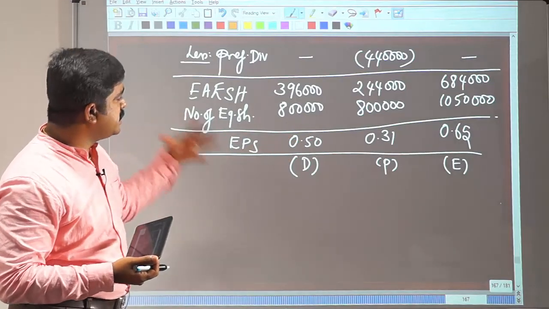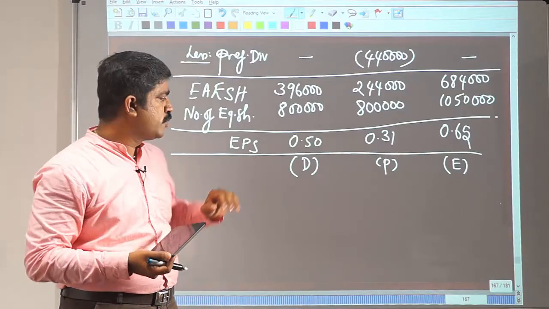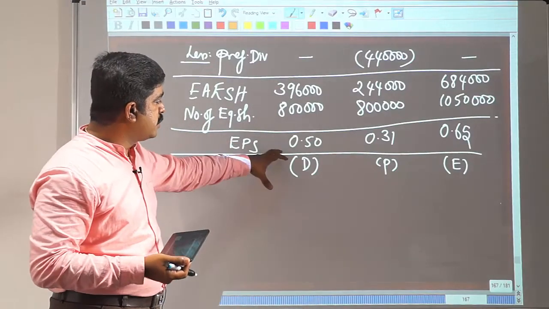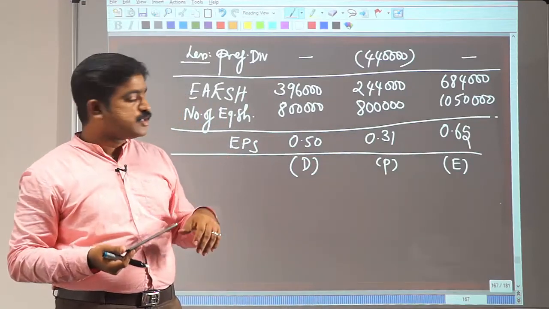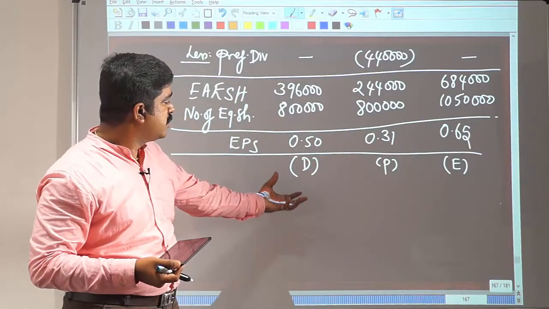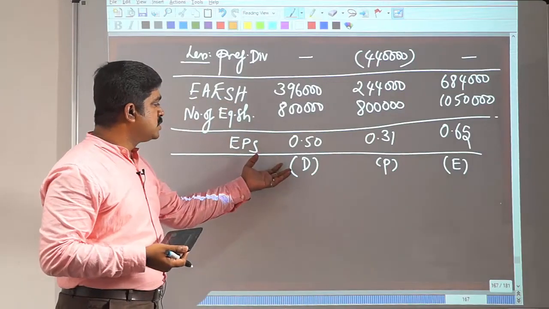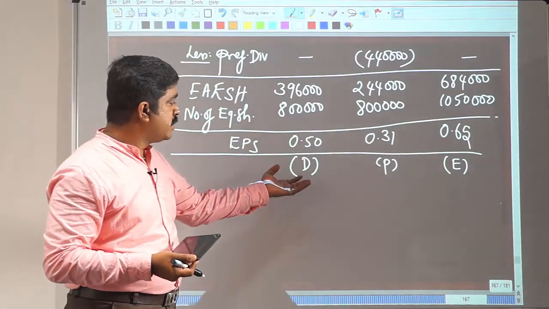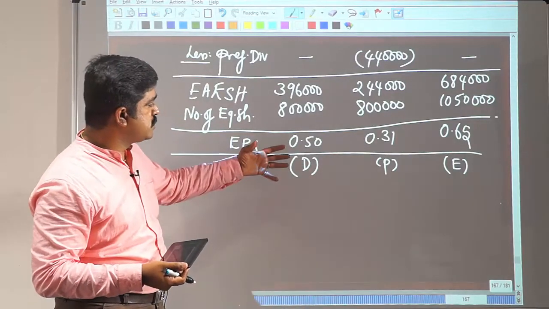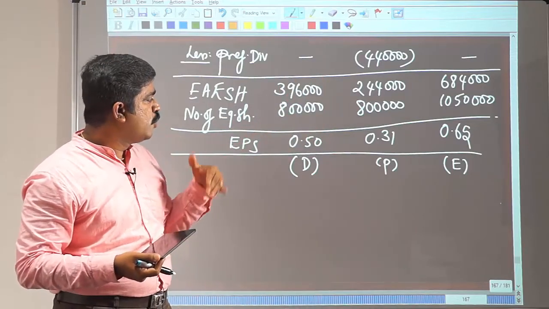But what is the next best alternative? The next best alternative should be the debt option, because it will give you a better EPS when compared with preference. So when will this next best alternative become the best alternative? Your EPS from the debt option is the second best, but if you want that to be the best, that is, equal to or greater than the equity option, what should happen?